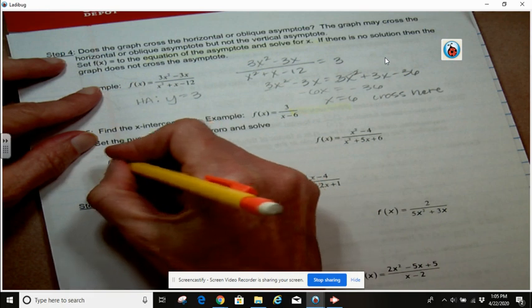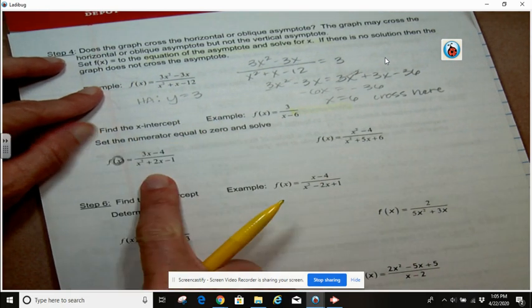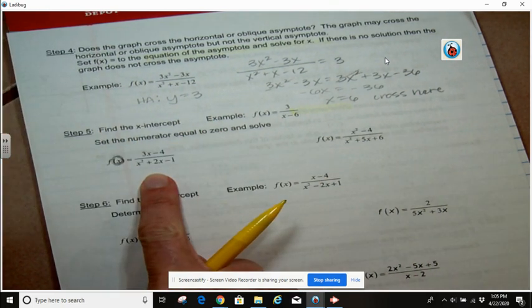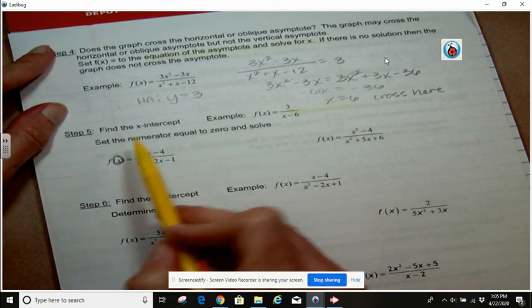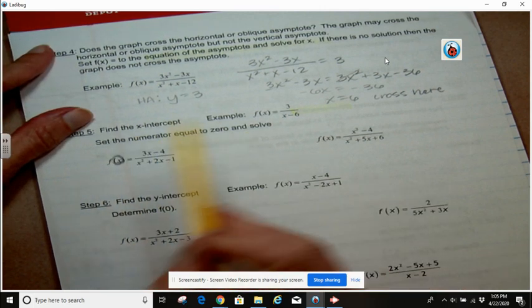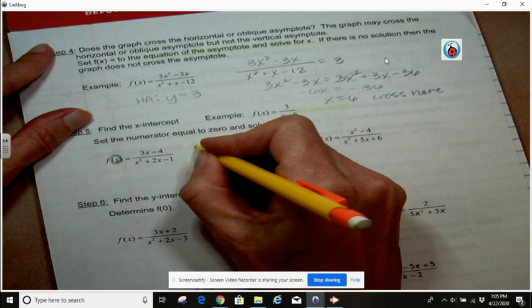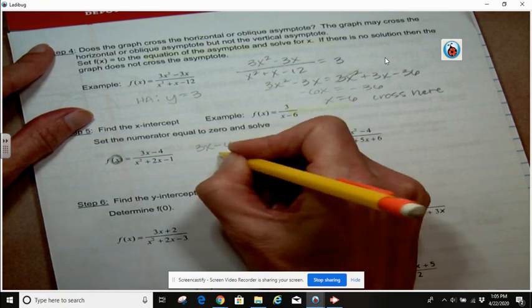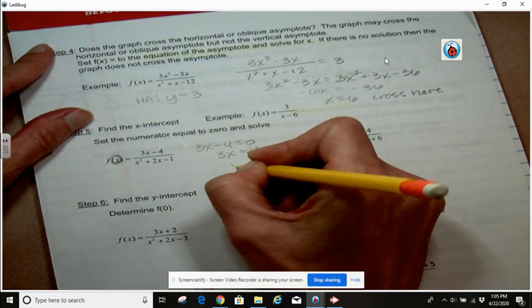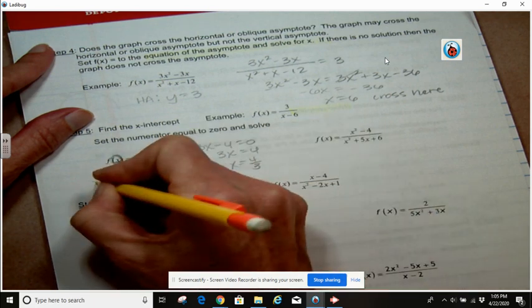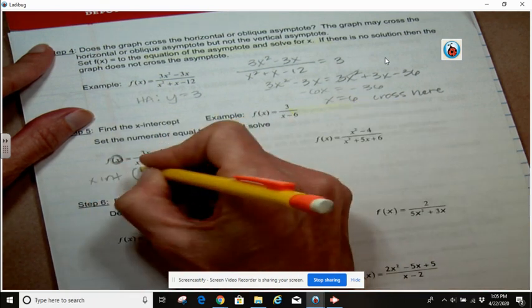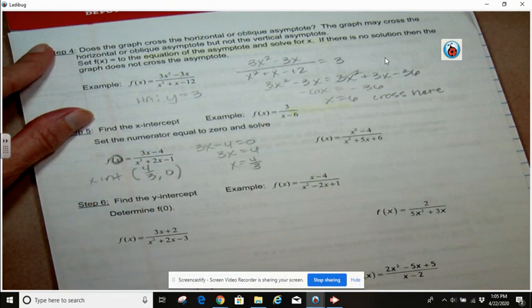If I made this 0 and I multiply by the denominator, 0 times anything is 0. So that's why it ends up always being the numerator equal to 0. So we set your numerator equal to 0 and you solve, and that would be your x-intercept. So x-intercept at (4/3, 0).